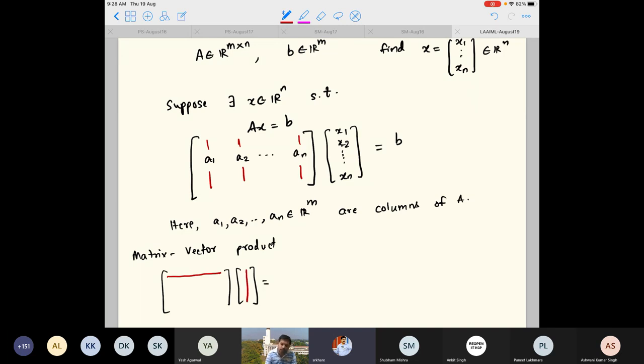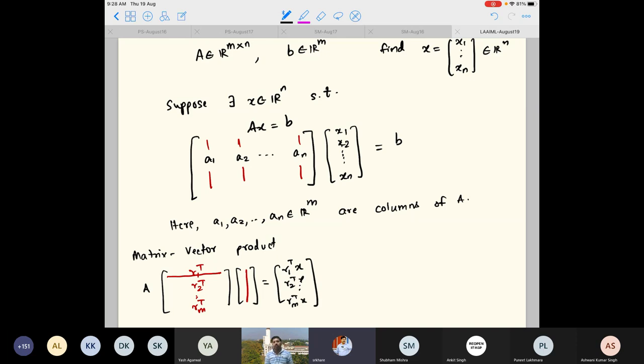Suppose R1 transpose, R2 transpose up to Rm transpose are the m rows of A. Then the product is R1 transpose x, R2 transpose x, and so forth up to Rm transpose x.